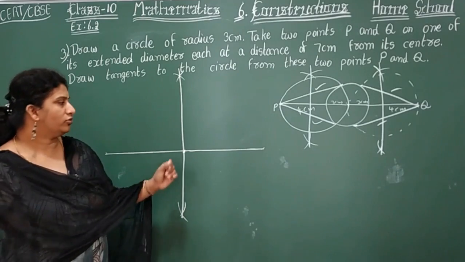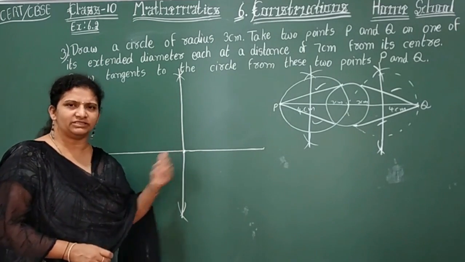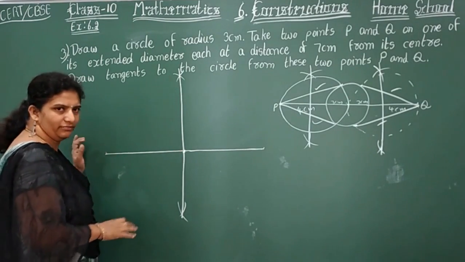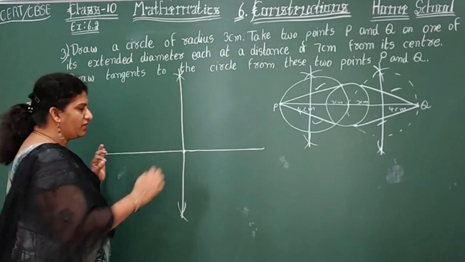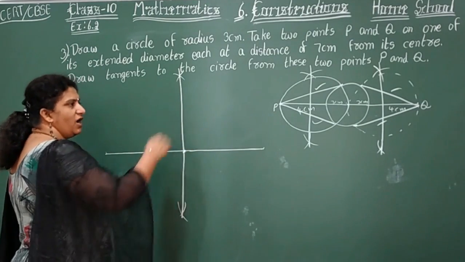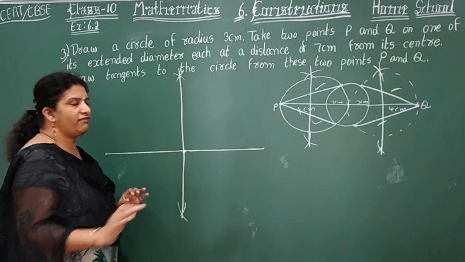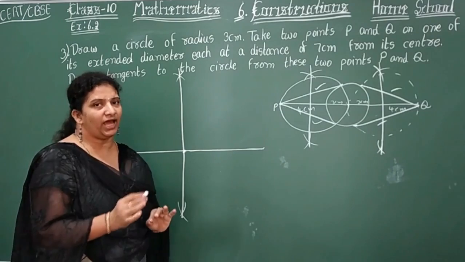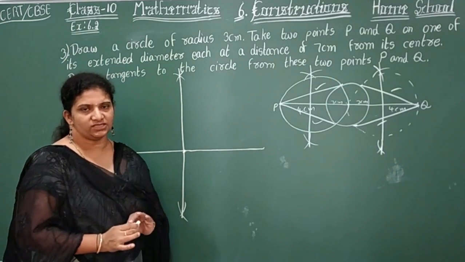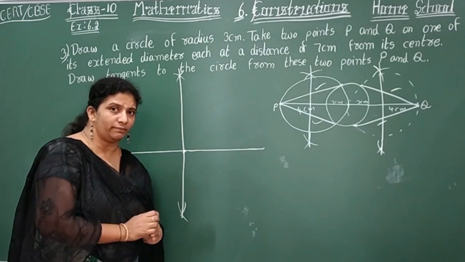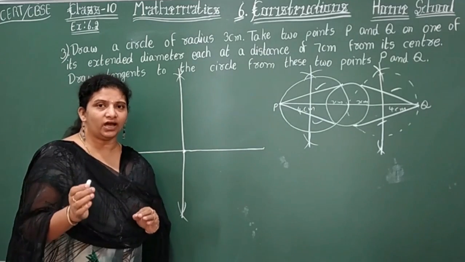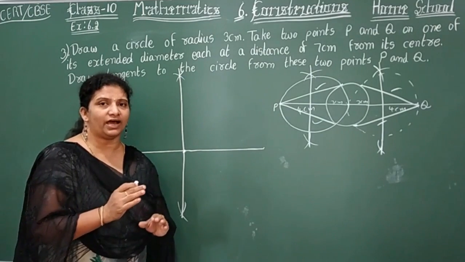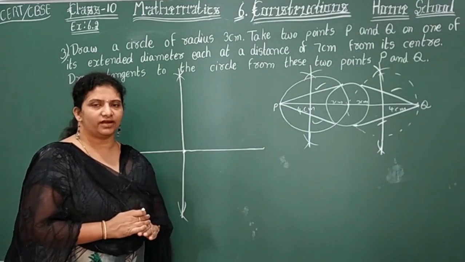Or if you want to do it with a scale directly, you can measure the center and draw, no problem. This is not so necessary. So now with this as a center, how much radius? See here, children, now I am not using any construction material. With free hand I am trying to show you this. Please support me and do it in your notes carefully with the actual compass, right?